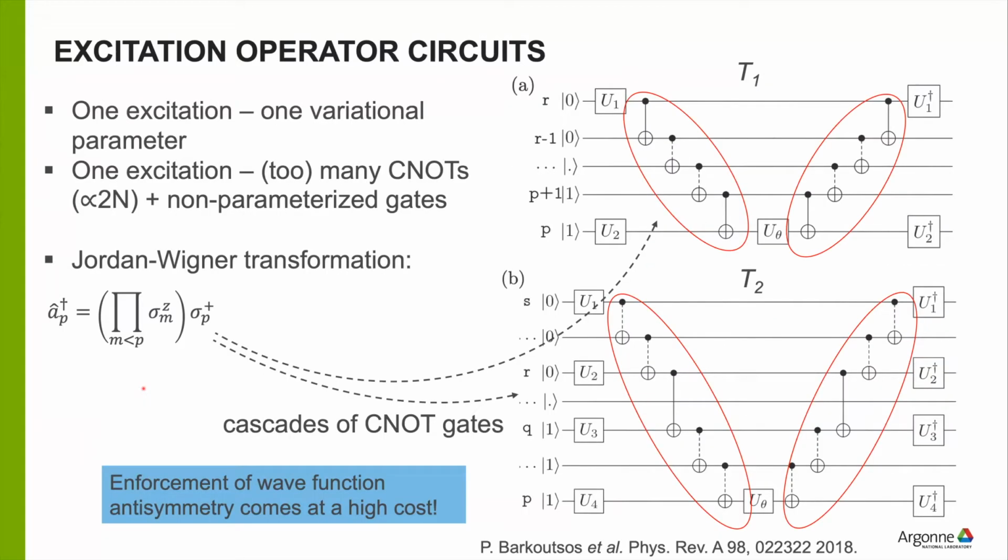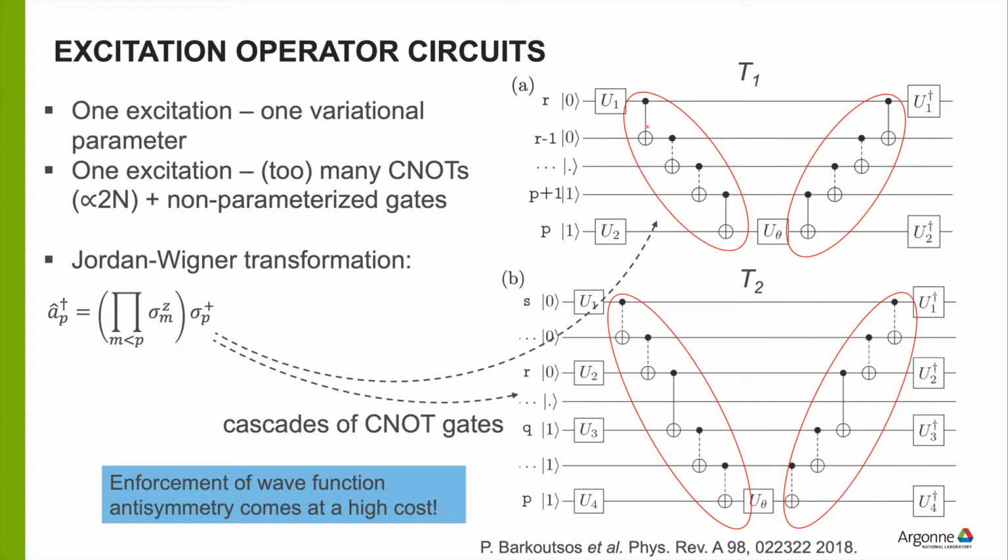So the problem with this method is, I would say, mostly due to the fact that the electronic wave function needs to be antisymmetric, and essentially it doesn't matter which orbitals are connected in the excitation.